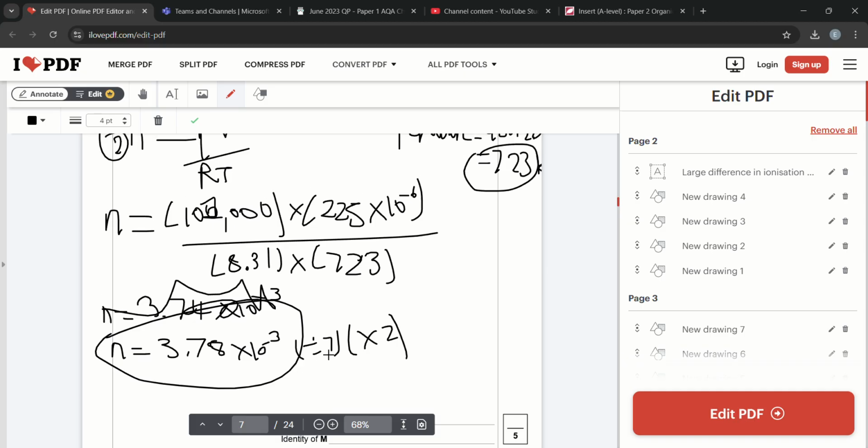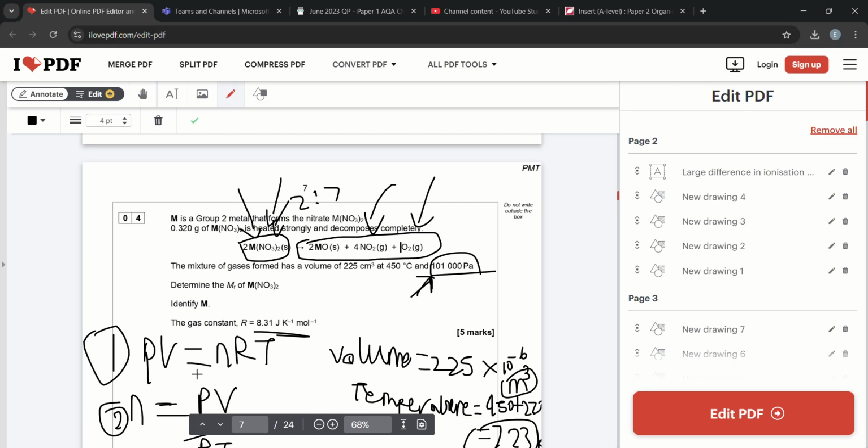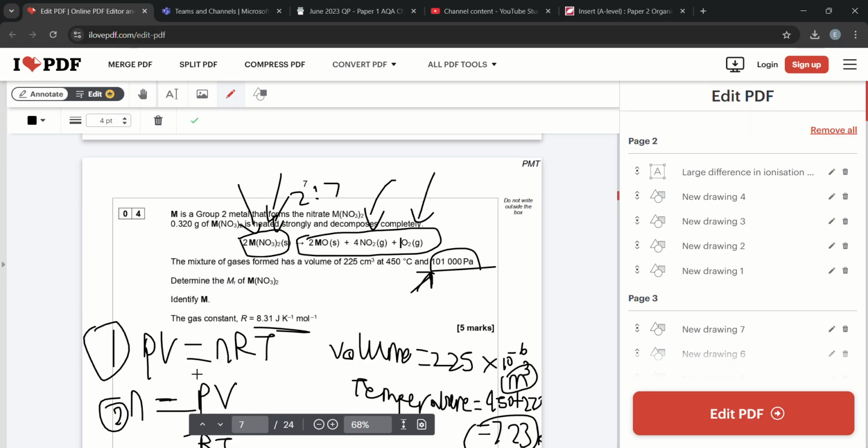No, we're not doing that, sorry. What we're going to do to find the moles is 3.78 times 10 to the power minus 3 times 2 over 5.